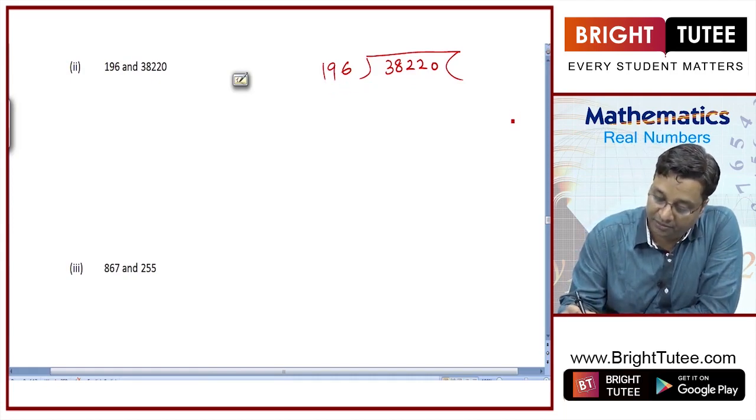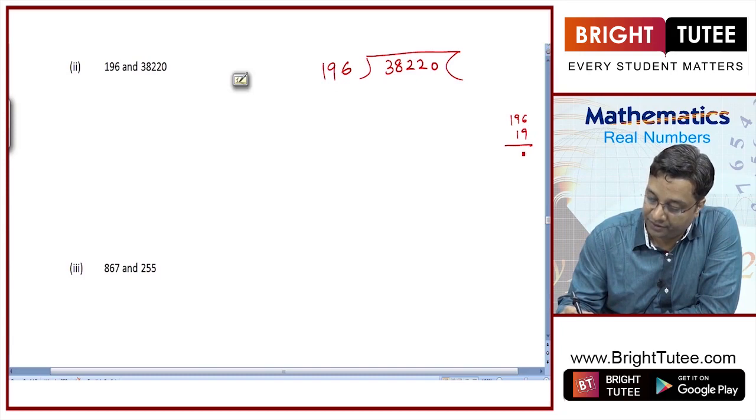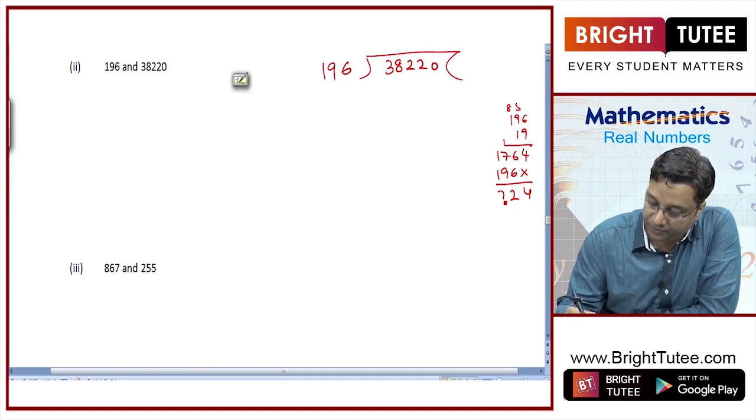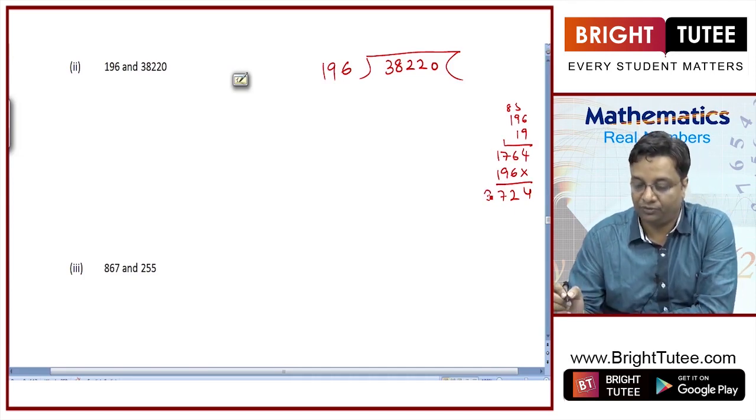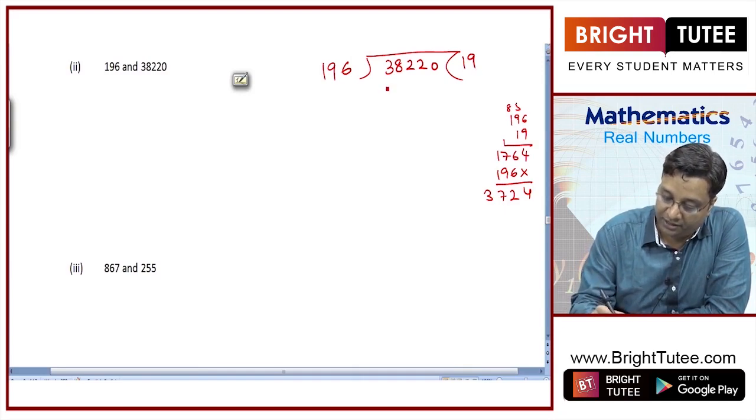Let's multiply 196 by 19 and let us see what number it gives us. 3724. Yes, so multiplying it with 19 will be appropriate.